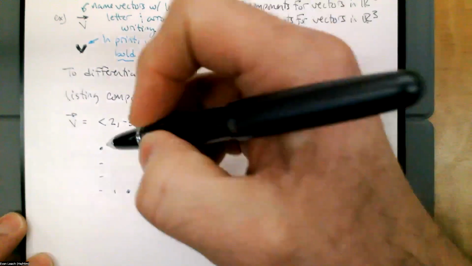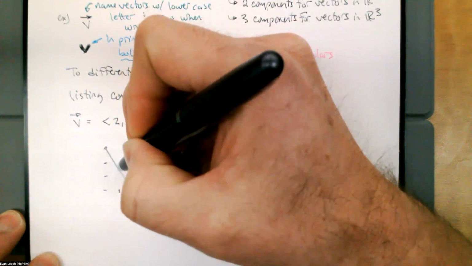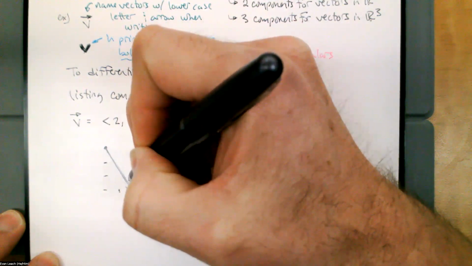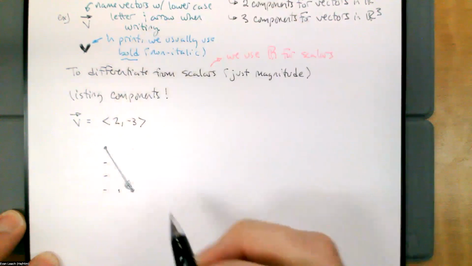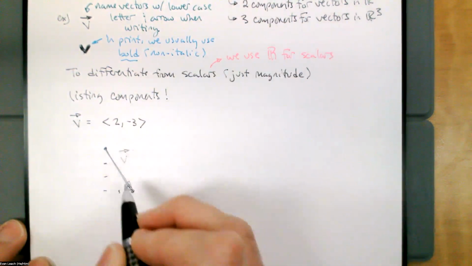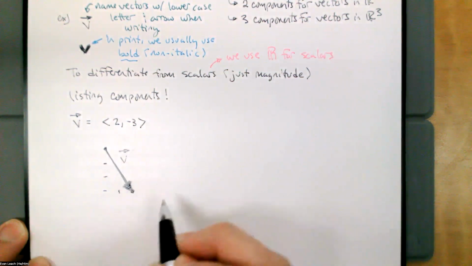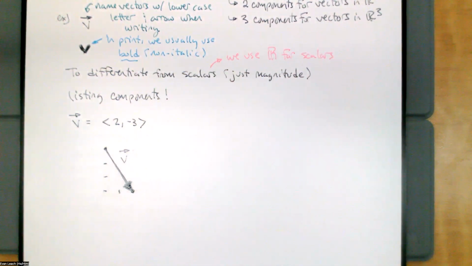And we'll have an arrow pointing 2 horizontal and -3 vertical. And this is our vector v. So we have a horizontal component and a vertical component.